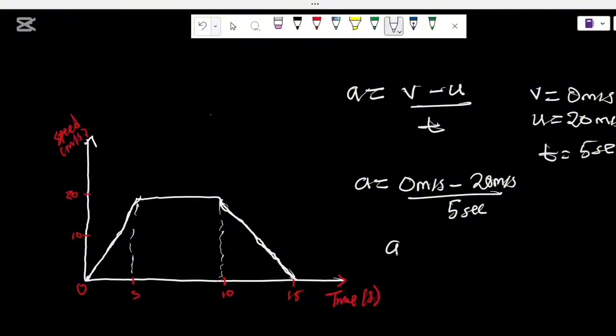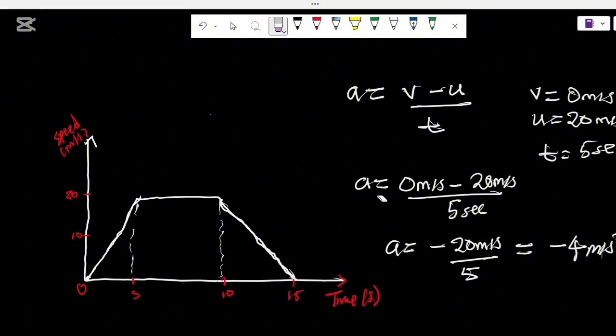So this is going to give us the acceleration of negative 20 meters per second over 5. And this is going to be negative 4 meters per second squared. So notice that the acceleration in this case is negative. So this is what we call negative acceleration.